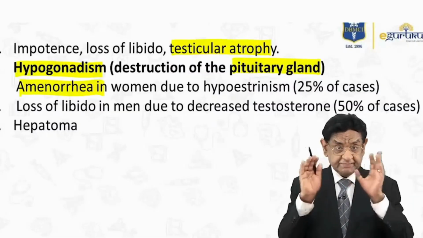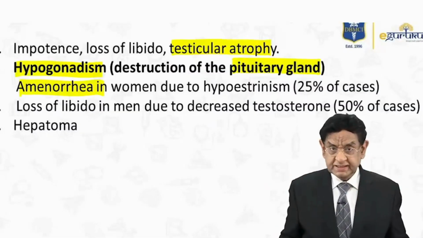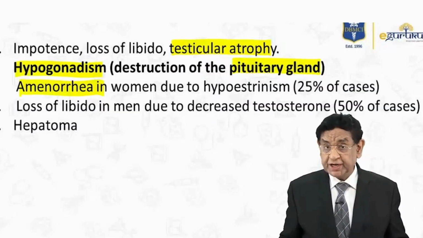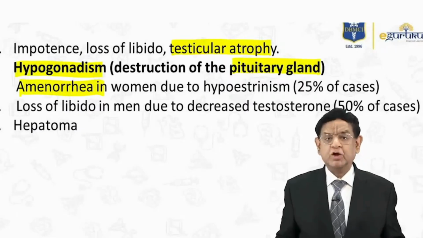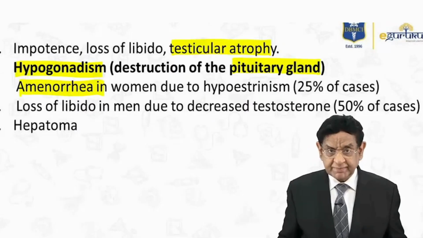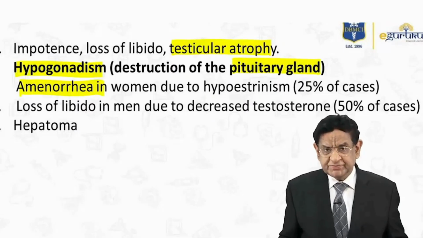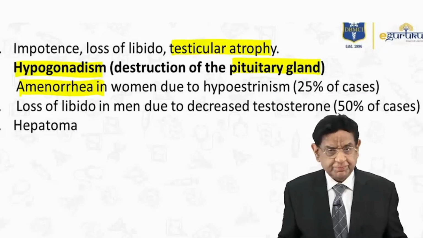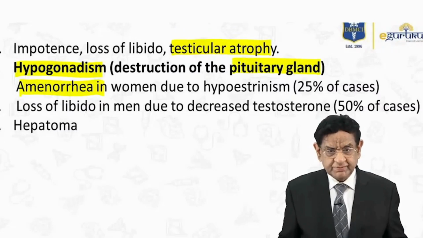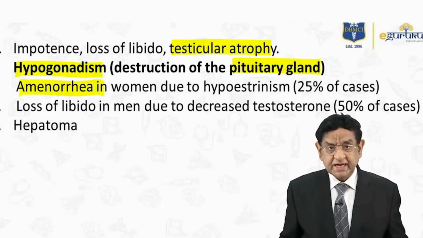But again, point to be noted, this is not a common problem. Amenorrhea is uncommon. Amenorrhea means we are dealing with the reproductive age group, but it is uncommon.